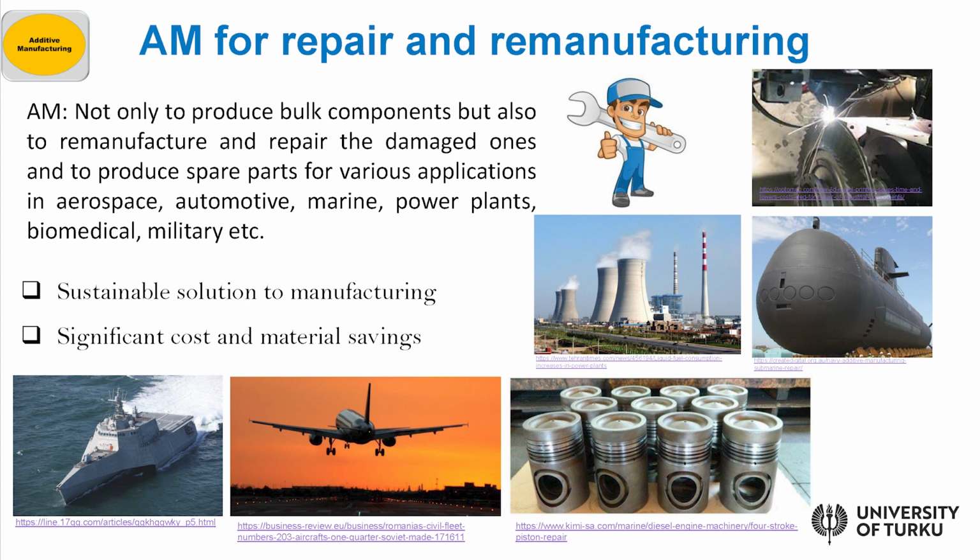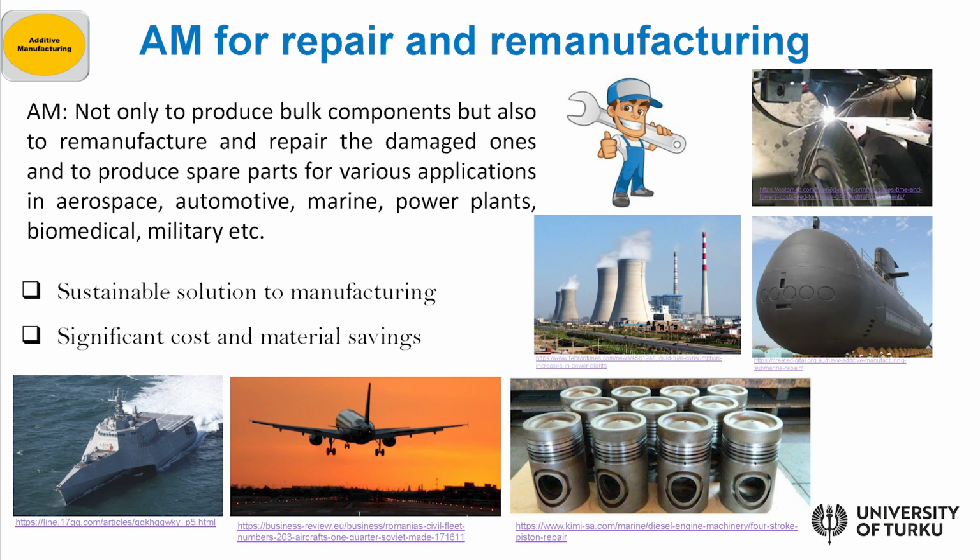AM is not only used to create these three-dimensional bulk components. It has a lot to offer in the repair and remanufacturing sector. If components are damaged, what we traditionally try to do is replace them with new components.